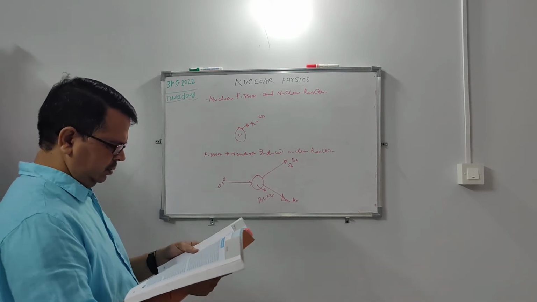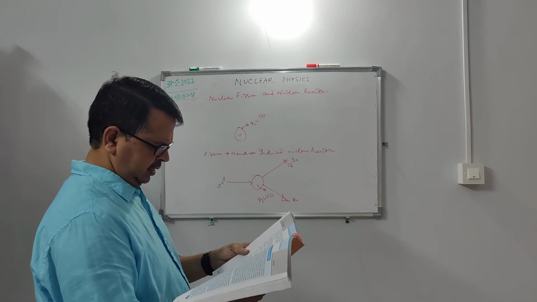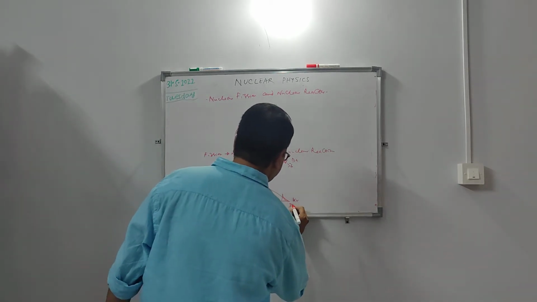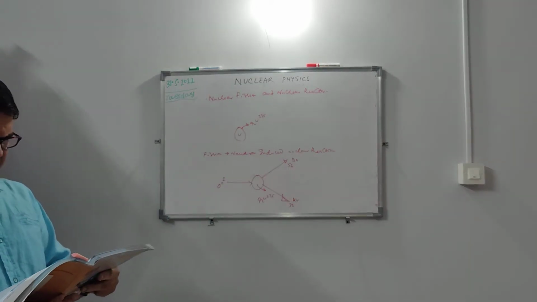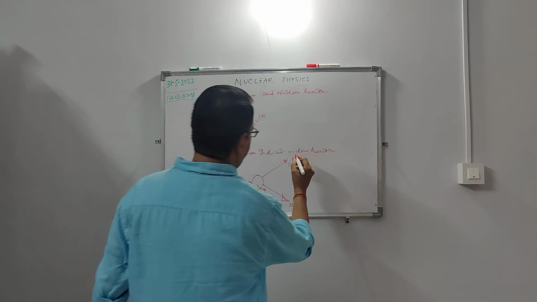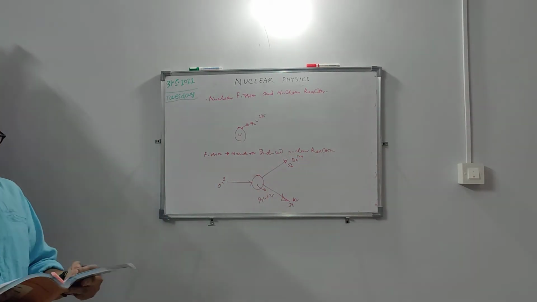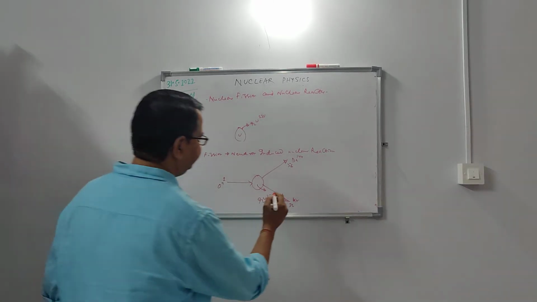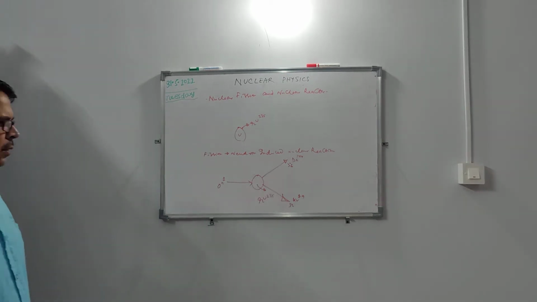What is Ba actually? So this is 56. Then Kr is 36, it's krypton. And then the mass of Ba is 144, it is barium. And then krypton is 89.